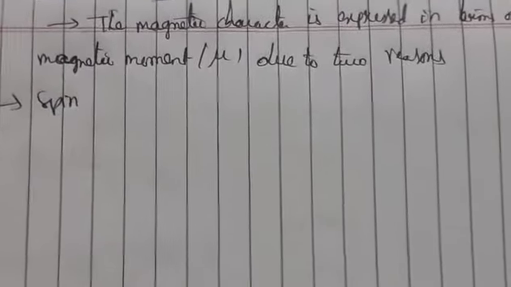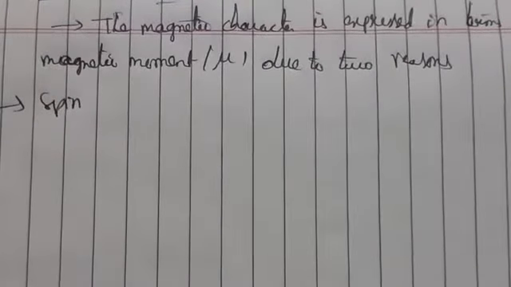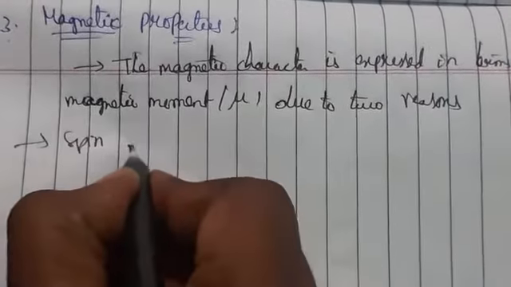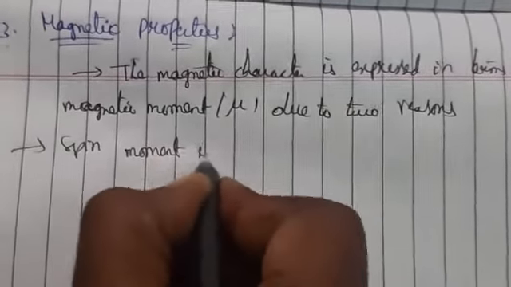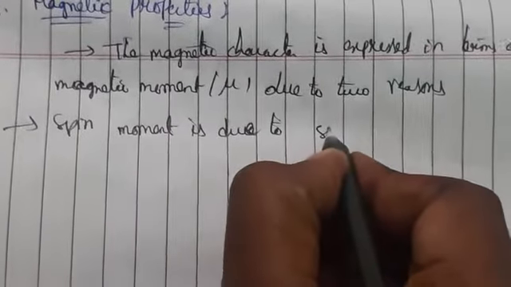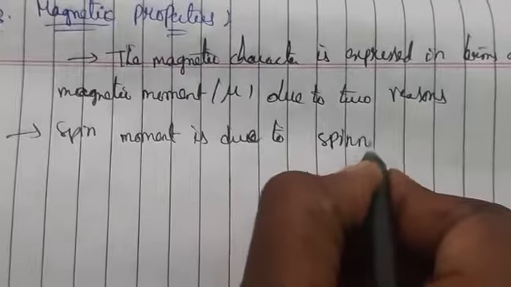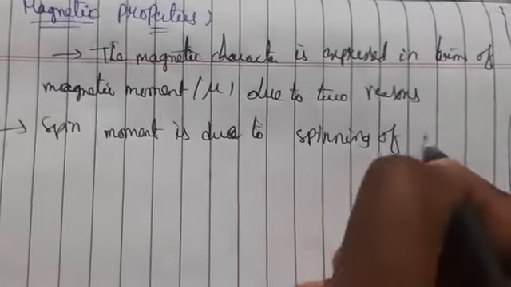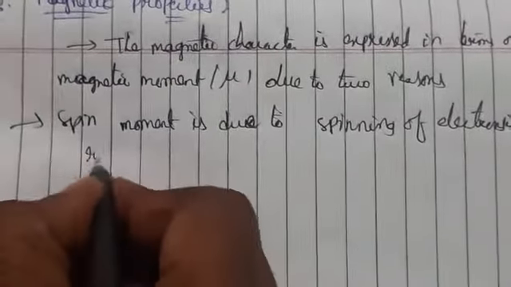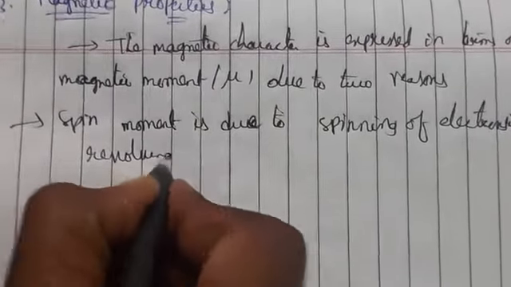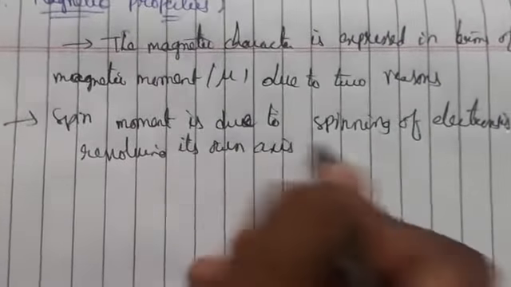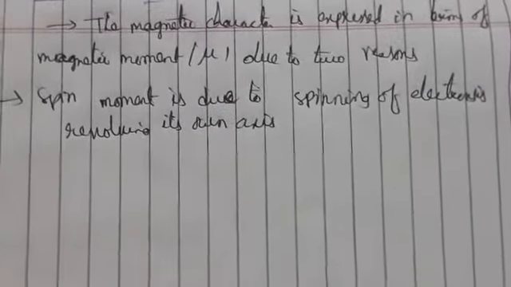Spin magnetic moment is due to what? Spinning of the electron, which is revolving around its own axis, in anticlockwise and clockwise directions, that is plus half and minus half.